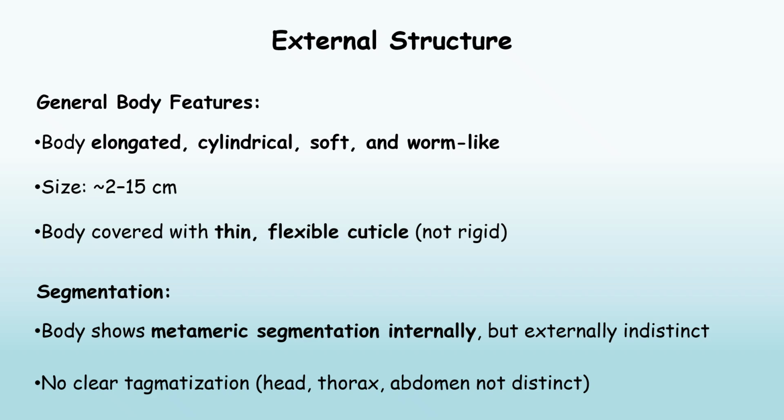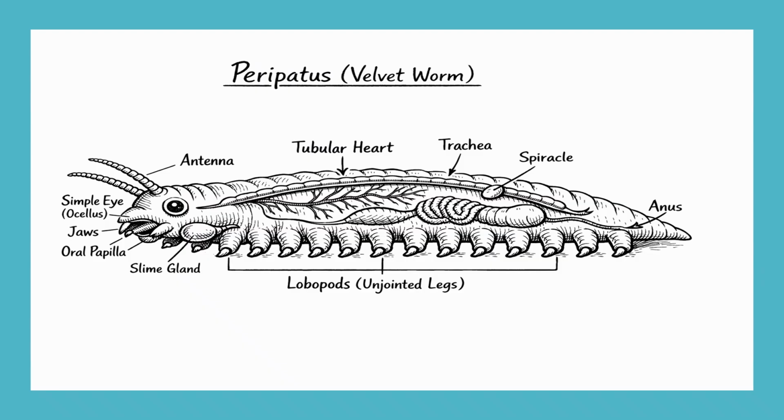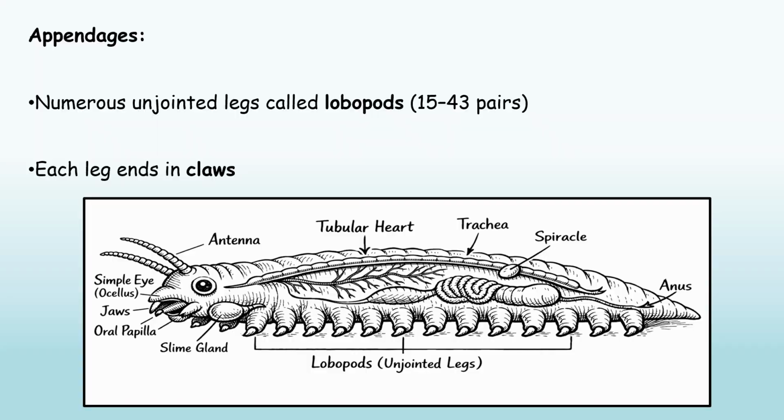There is no clear tagmatization, meaning the body is not clearly divisible into head, thorax or abdomen. This is how Peripatus, known as the velvet worm, looks. See here, that's what I'm talking about: head, thorax and abdomen are completely fused with each other. So let's talk about appendages.